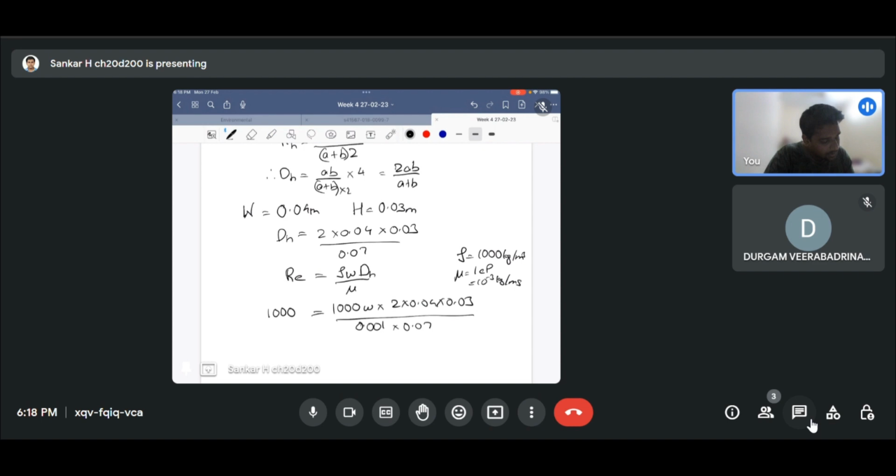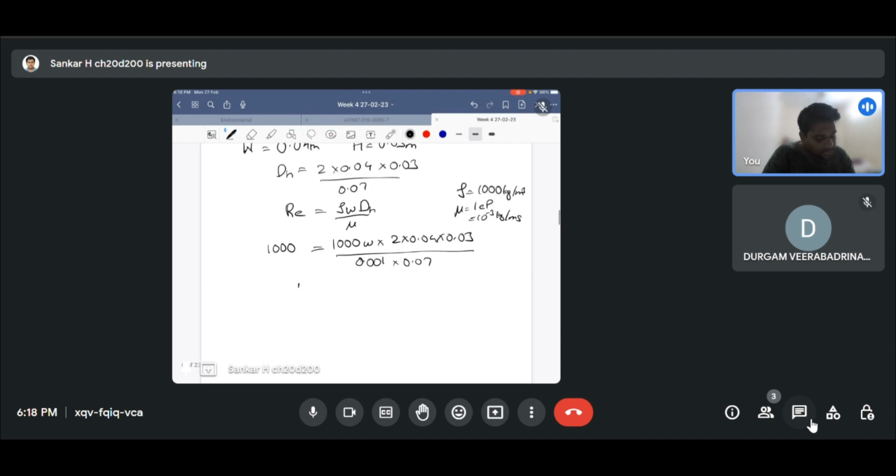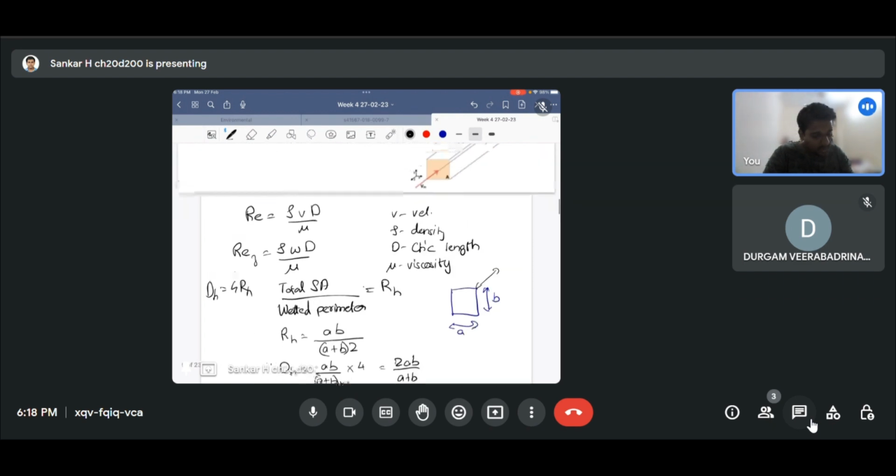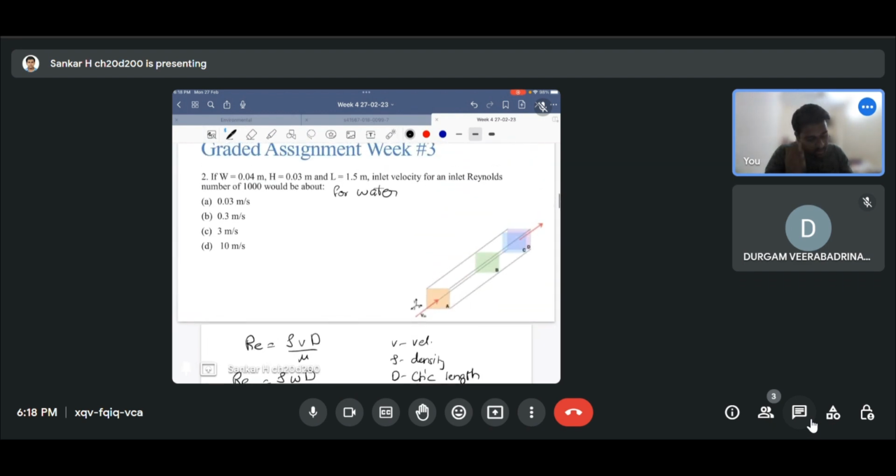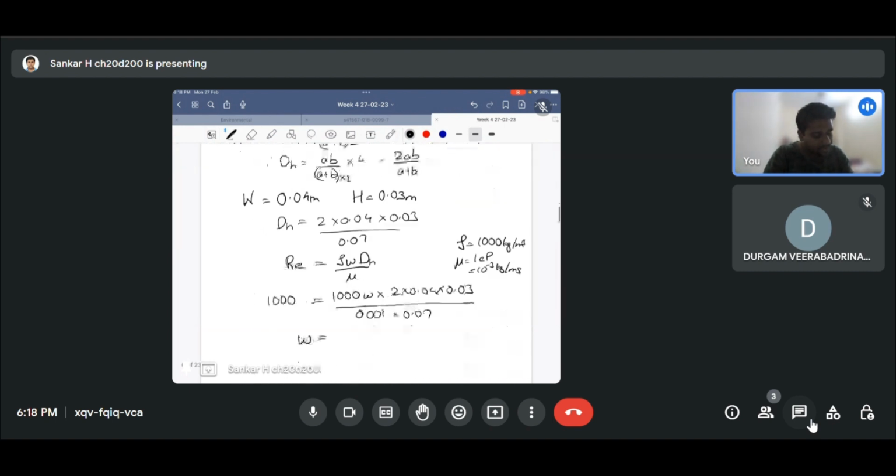When we solve this, we'll get the answer as option A, 0.03 meter per second.